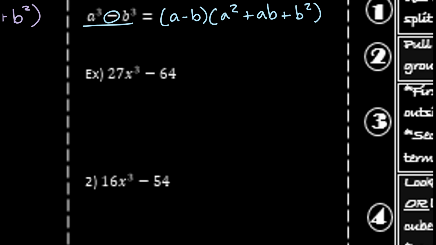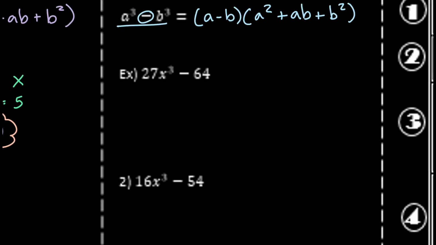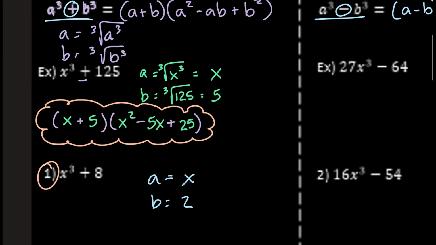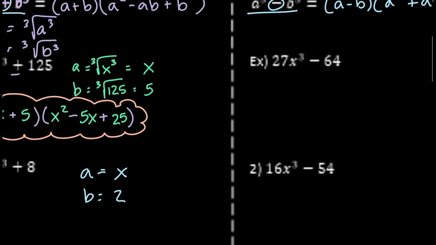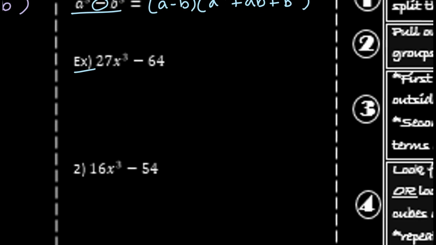However, this entire time, have we been checking for a GCF first? So in this example and then number 1, were there GCFs? No. In this top example, is there a GCF? No. In number 2, is there a GCF?